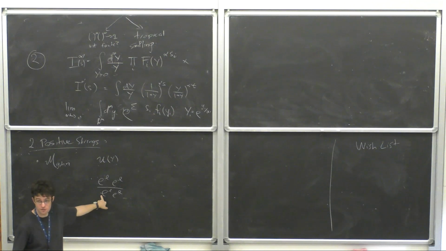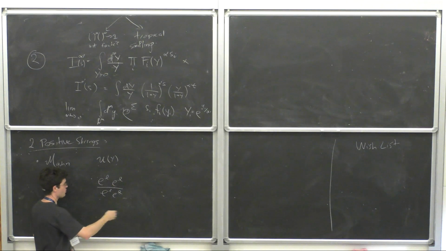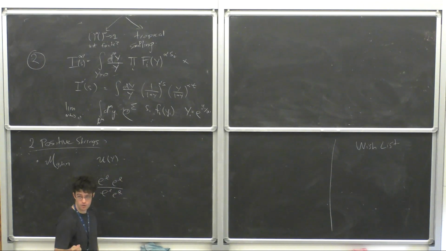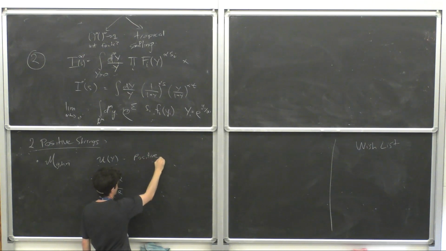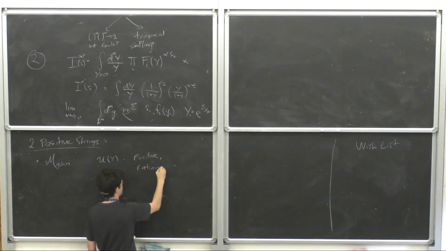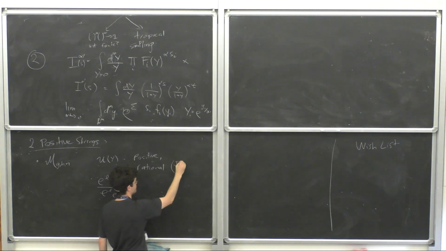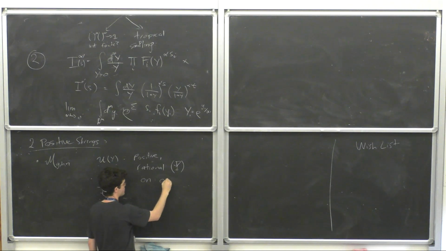But this is not a rational function of anything, no matter what coordinates you're using. It's a function of your coordinates, whatever you're using, but it's not a rational function. So u_y, it turns out, is a global function on the moduli space, which is positive, for one. But it's not just positive, it's also rational. And this is the surprise. It's not just rational, it's also positive and rational on the positive orthant.